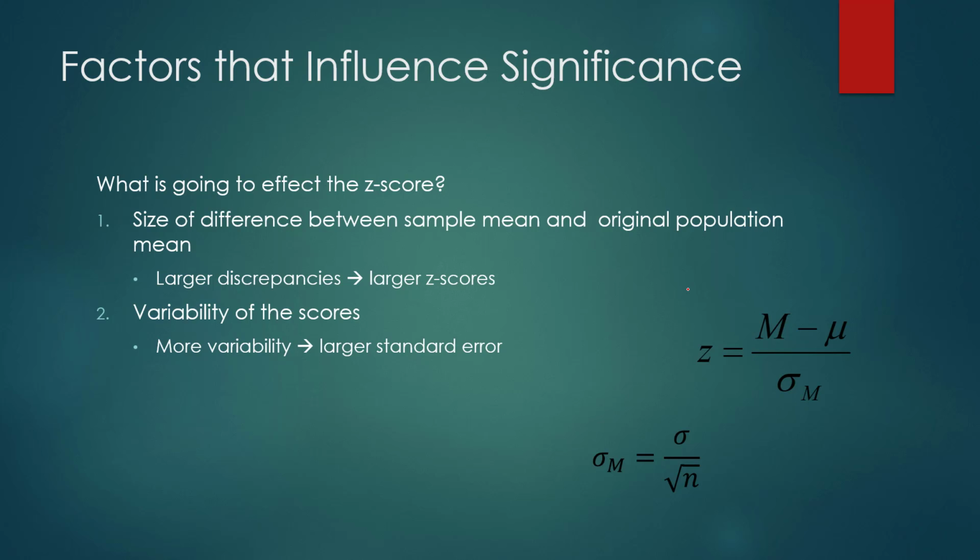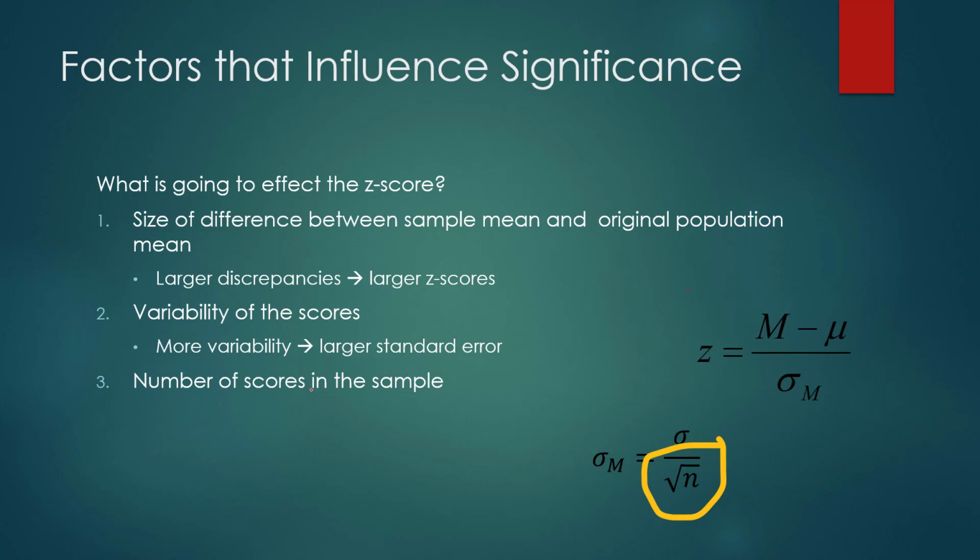Now let's take a look at the denominator in a little more detail. What affects standard error? Here I've shown you the standard error formula. And we see here, besides variability, the size of our sample is going to affect it. The bigger this n is, even though it's a square root, the smaller our expected error is going to be.